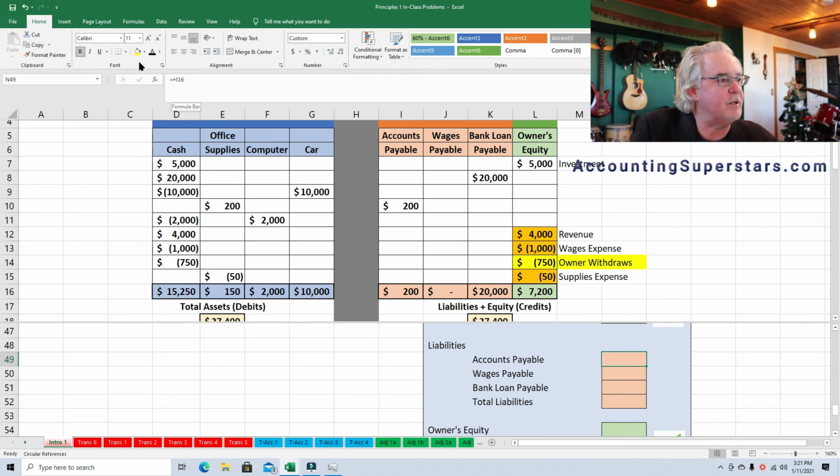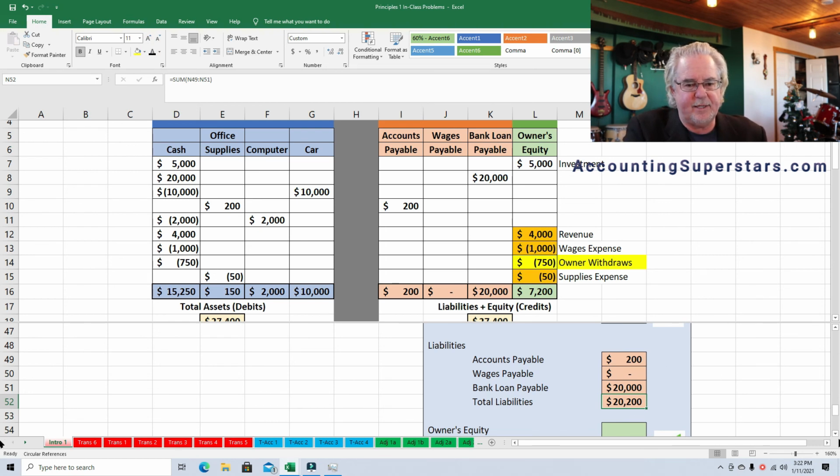So accounts payable, here we are. Ta-da, 200, there you go. Now wages payable doesn't have anything in it, so that'll be 0. And bank loan payable, that's got a balance down here of $20,000. There we are. And now we're just going to add up our total liabilities. All right, our total liabilities, $20,200.